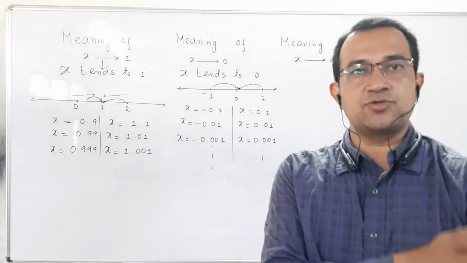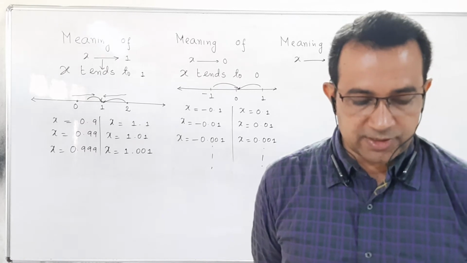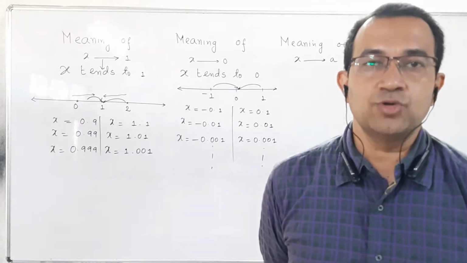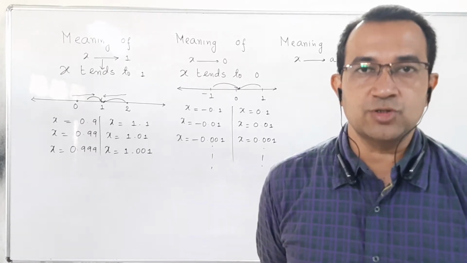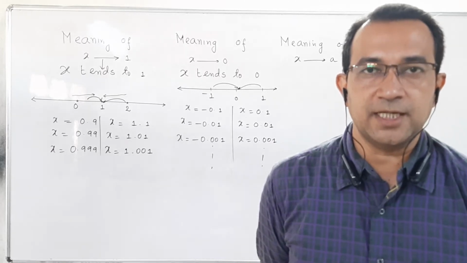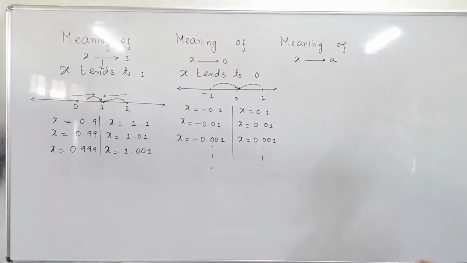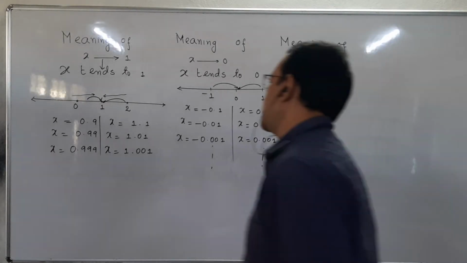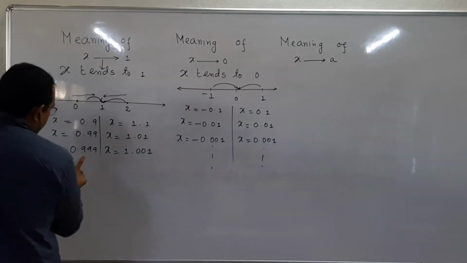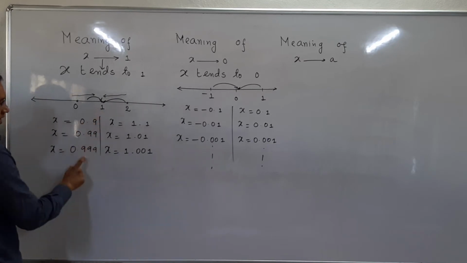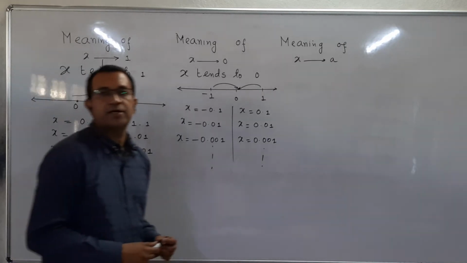Then we say that, students, x tends to 0. It is necessary to note that in x tends to 0, x is never taken as 0. X is very close to 0, but x is never equal to 0. Here, x is very close to 1, but x is, students, never equal to 1.